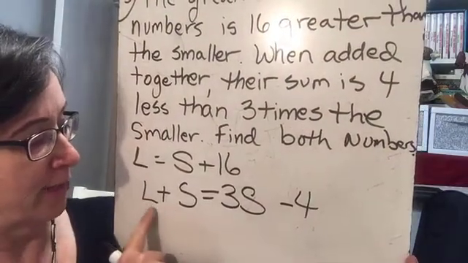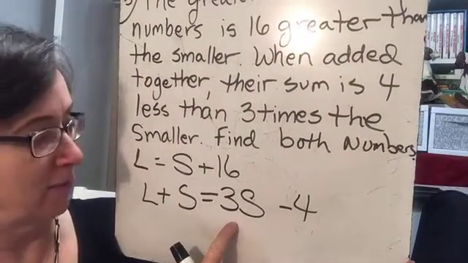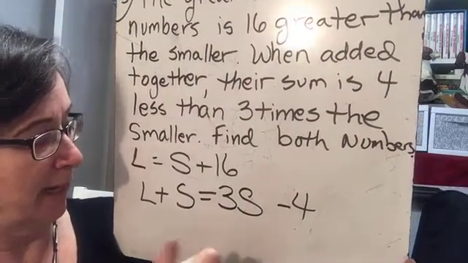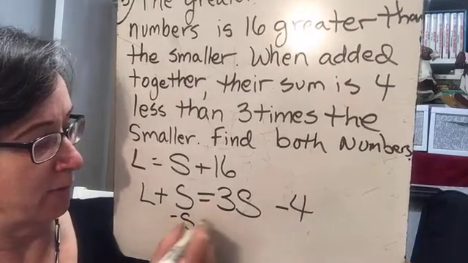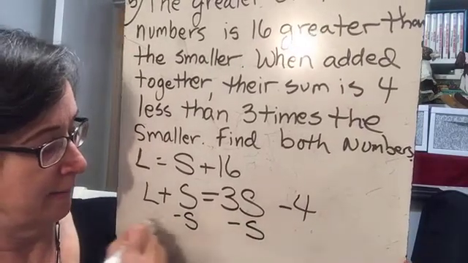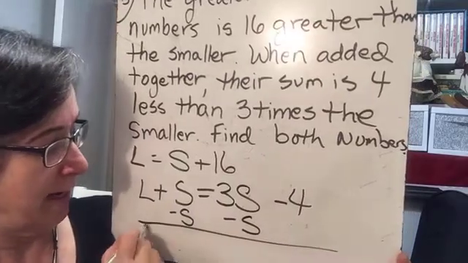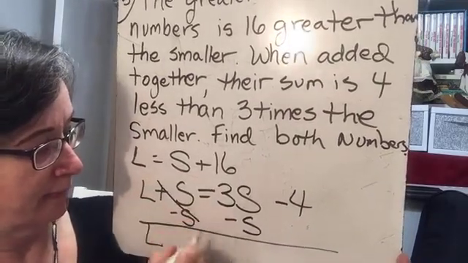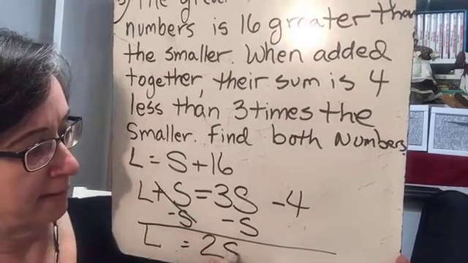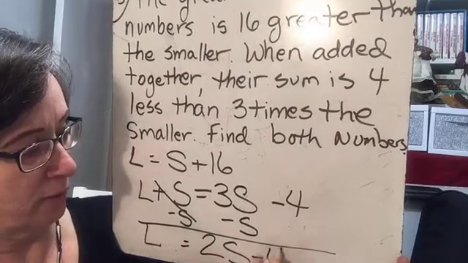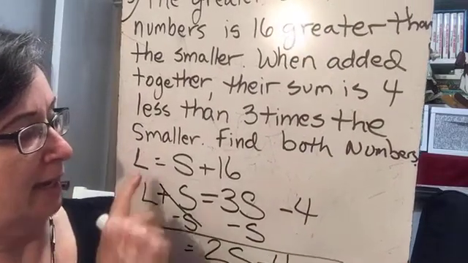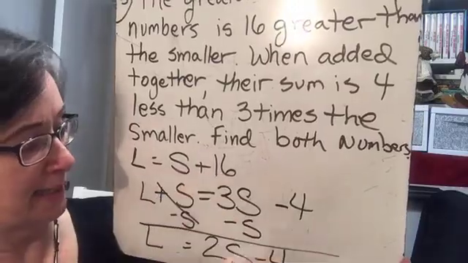Now notice that I have an L plus an S, and then over here I have a 3S. I'm going to go ahead and just take away an S from both sides. So now I have L equals 2S minus 4. And I have L is equal to S plus 16.